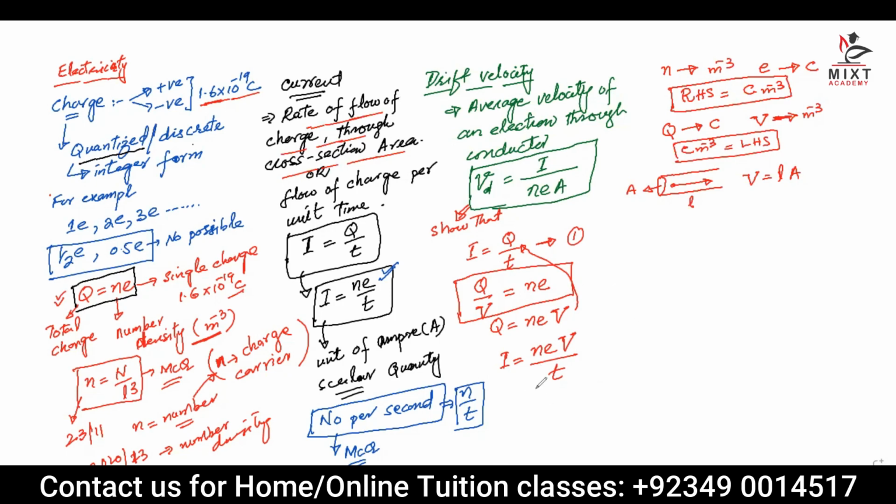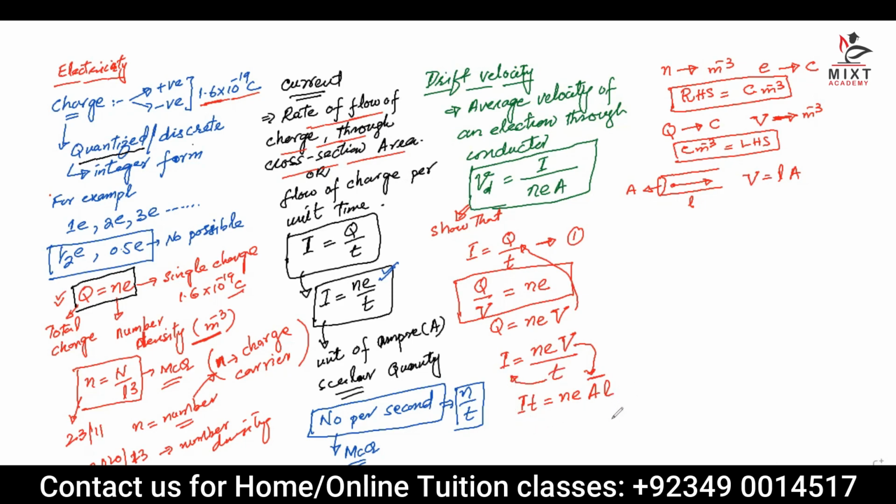Now, can we write the last equation? Ibrahim, you can ask any question, okay? Don't think anything, just ask. I convert volume into A into L and I put the T on that side.